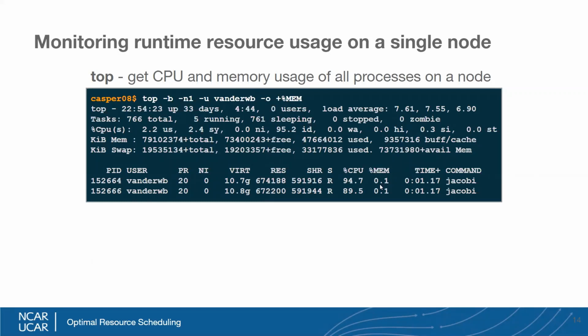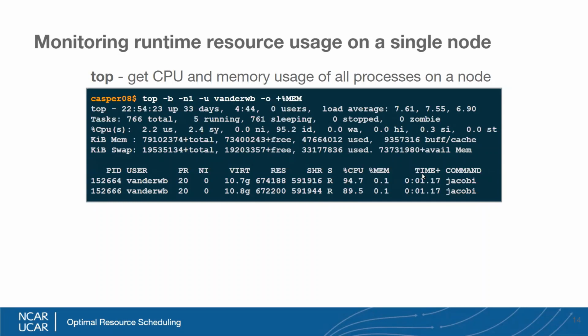But here I can see my processes that are using the most memory, or I can sort by CPU or time, whatever I want. And the plus just says to sort with basically the largest amounts on top. So here I'm running that Jacobi solver with 2 CPU tasks, and I'm able to get this information and dump it into a text file, for example, if I wanted to store that information.